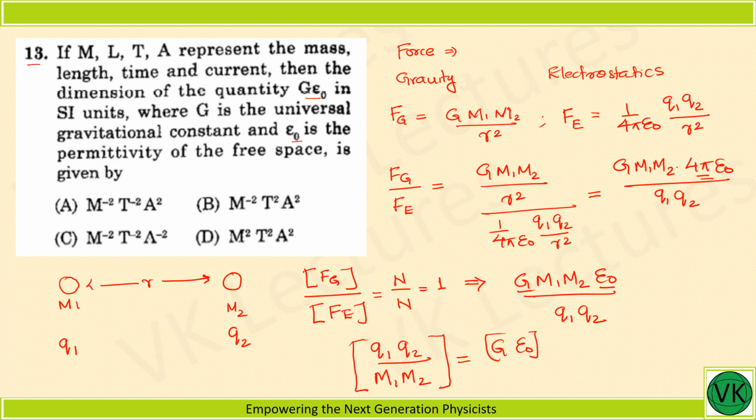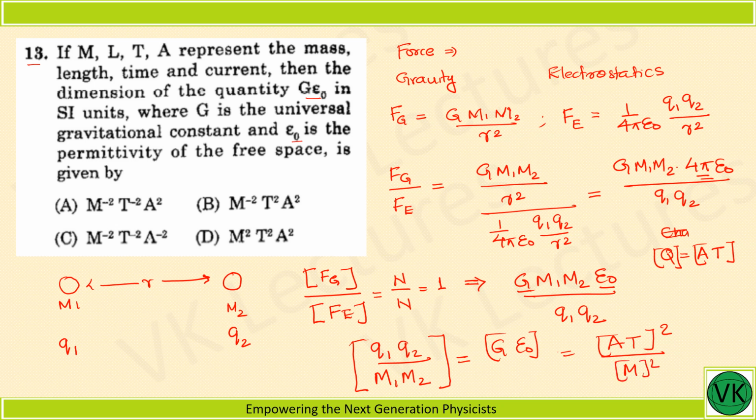Now what is q? Charge q is equal to current into time. Current is ampere, so the dimension of q is ampere into time, A into T. So for q1 q2, it is squared both, because this is charge and charge, so A squared T squared divided by mass squared.